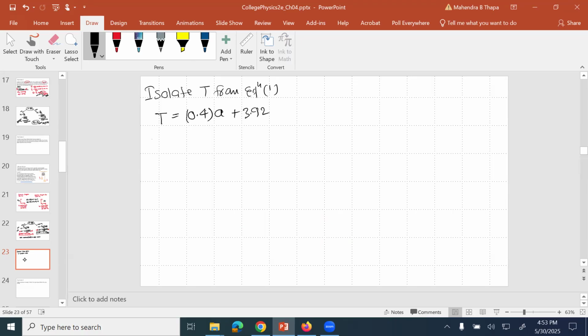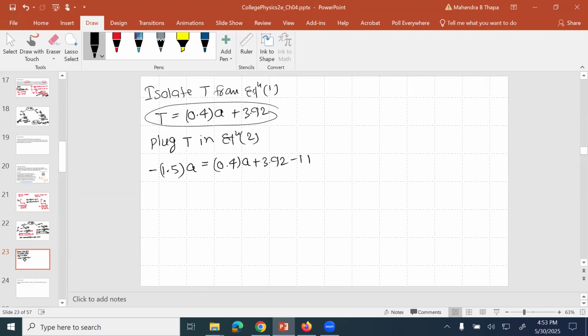Now I plug T into equation 2. In equation 2, negative 1.5A equals, in place of T, 0.4A plus 3.92, and negative 14.7.